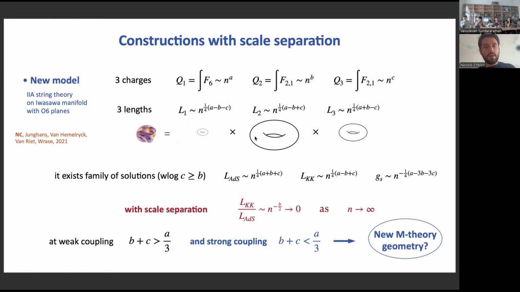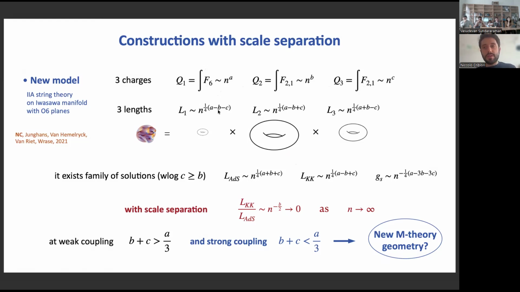Part of our work was really to understand that going into the non-isotropic case, you can get much more interesting vacua. This means in practice that there are now 3 unbounded charges, Q1, Q2, and Q3, which are integrals of different fluxes, and 3 different lengths for the 3 tori.